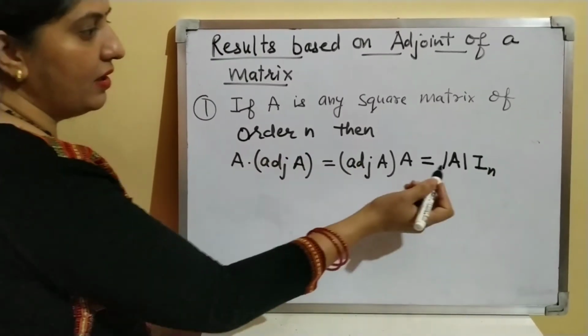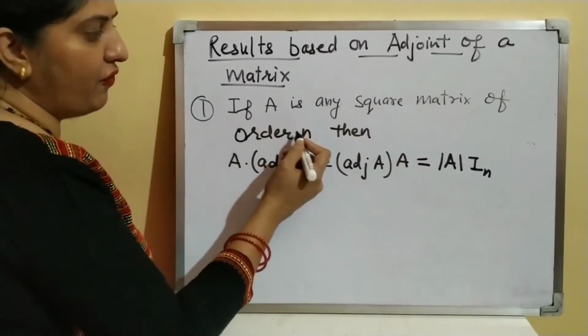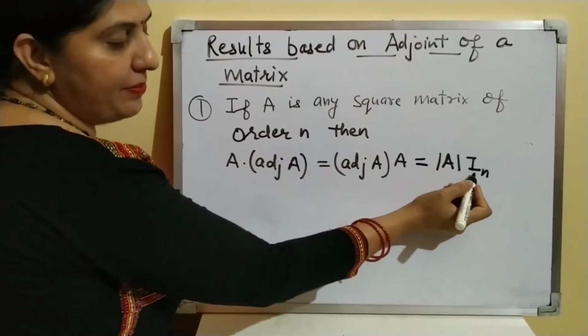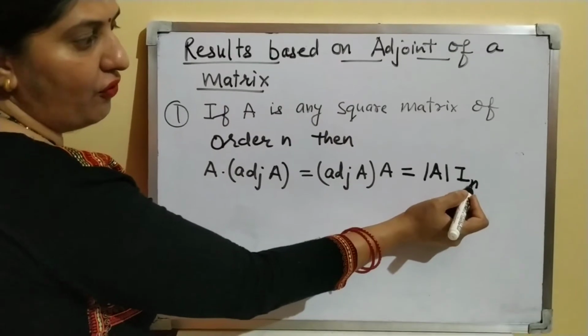If matrix A is of order n, then identity matrix is also of order n here.